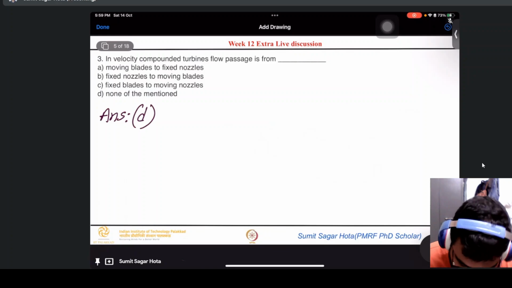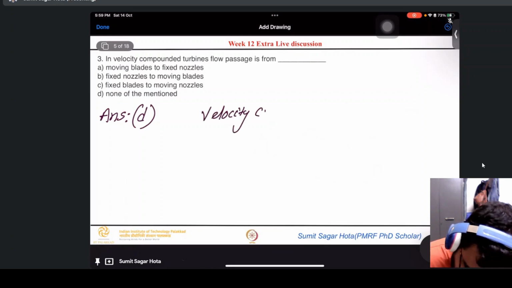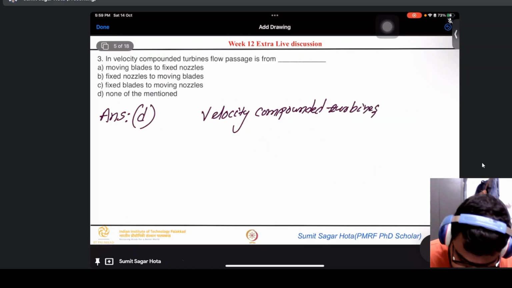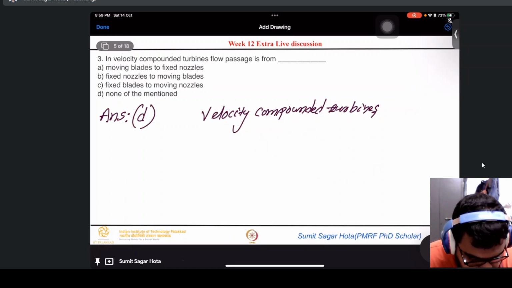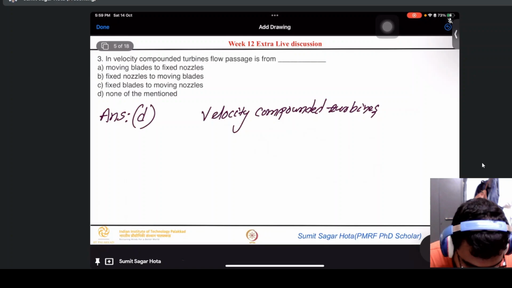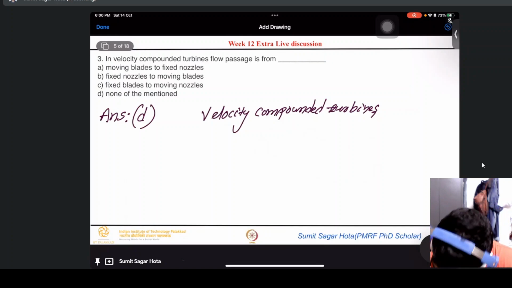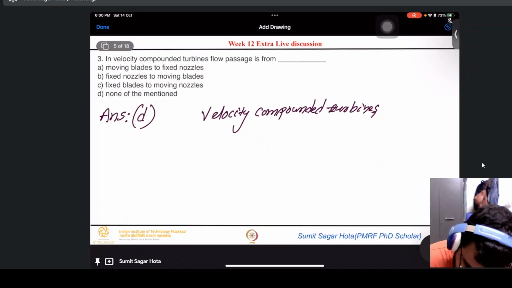So velocity compounded turbine means what?